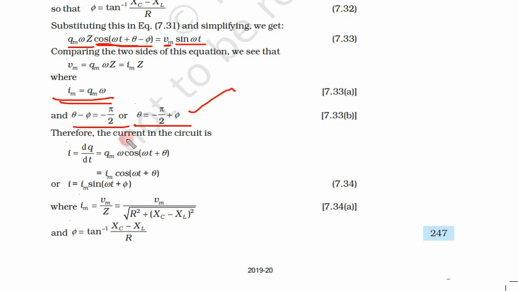Now current. Current in the circuit, I, is equal to dq by dt.